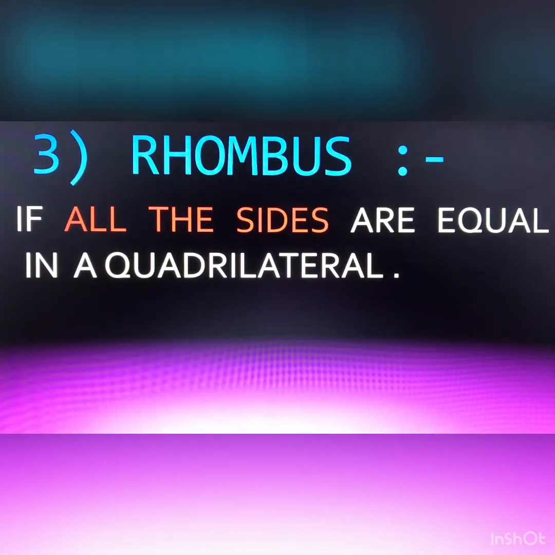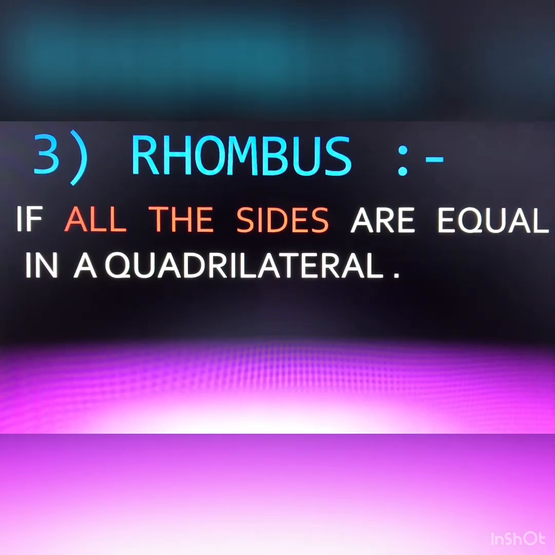If all sides are equal in a quadrilateral but each angle is not 90 degrees, that type of quadrilateral is known as a rhombus. So the necessary condition is that all sides should be equal but the angles are not 90 degrees.